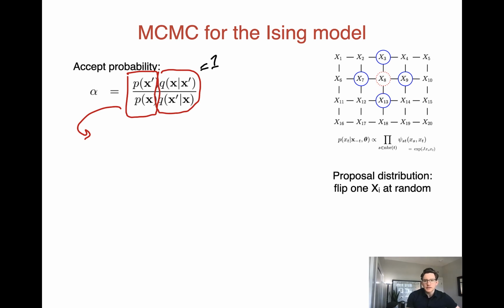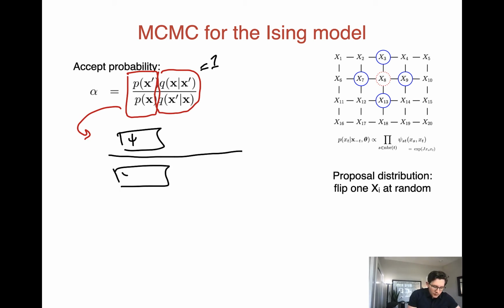Everything else is going to be the same, so we only need to pay attention to those values. That is, we're going to have a bunch of stuff here on both top and bottom. There'll be some factors that don't involve x_i, and therefore they're going to be the same, so they're going to cancel out. That's why we don't need to pay attention to them. So let's look at just the factors that involve x_i. Those are going to be the following.